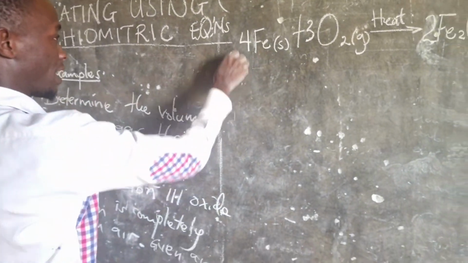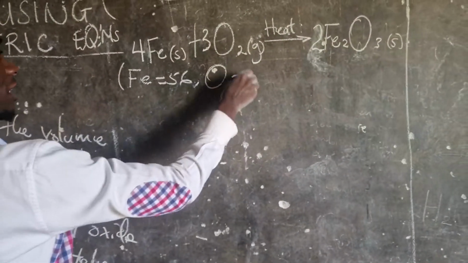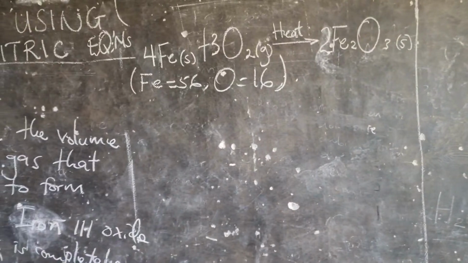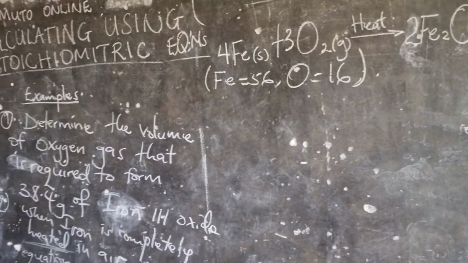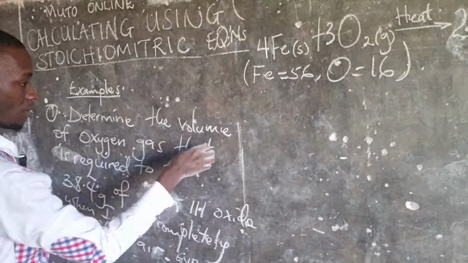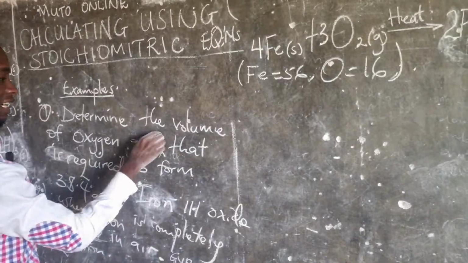In brackets, we can have iron as 56 and oxygen as 16. So they are asking us to determine the volume of oxygen gas at STP.